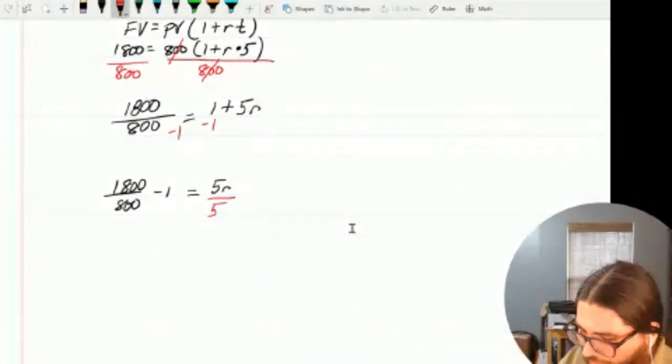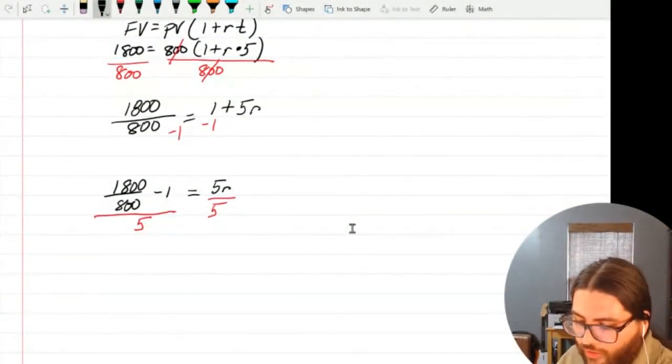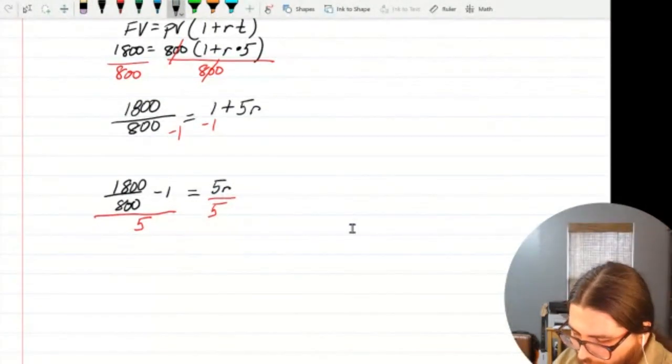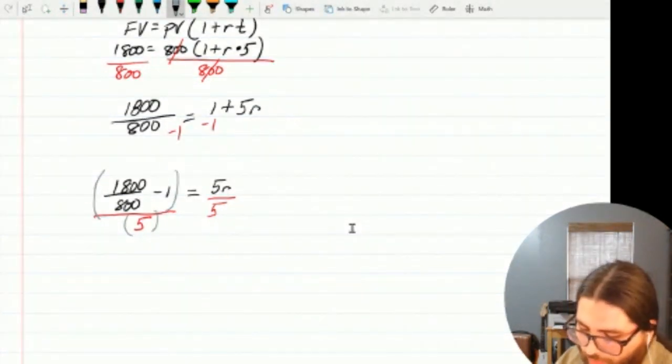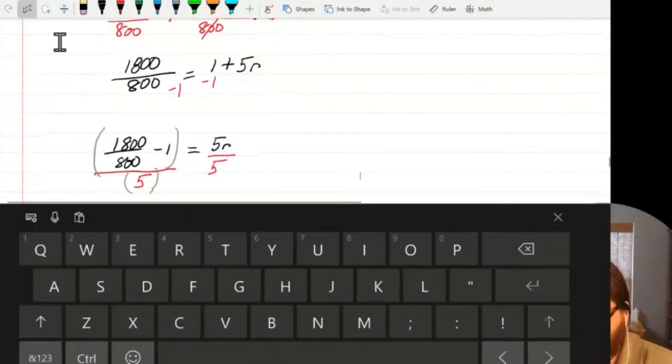And I'll divide everything by 5. Again, we've already seen one of these in our calculators, but you can imagine the top of a fraction and the bottom of a fraction are in parentheses. This is every fraction you look at, by the way. Every fraction will look that way.